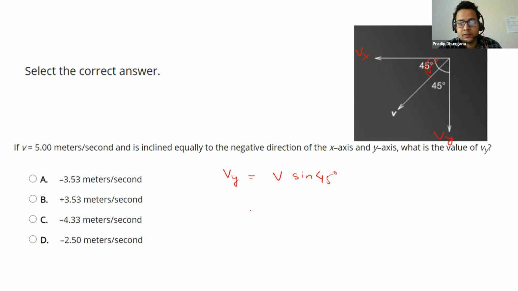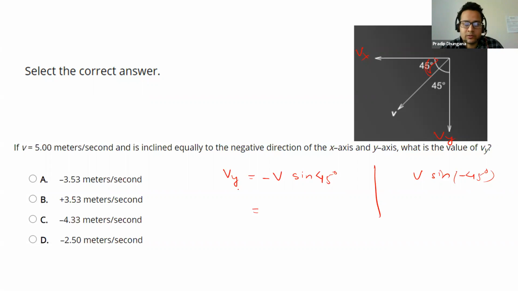But here you can either use B sine of negative 45 degrees, or you can just write By is equal to negative B sine 45 degrees, because here the direction of By is downward. And velocity is a vector quantity, so we always have to consider the direction.